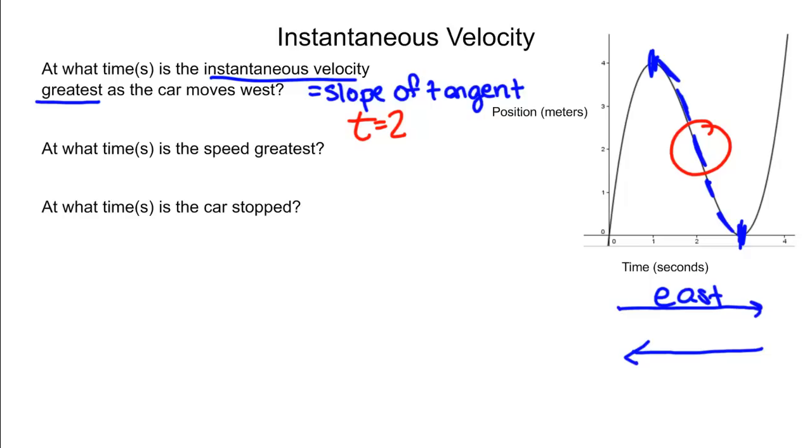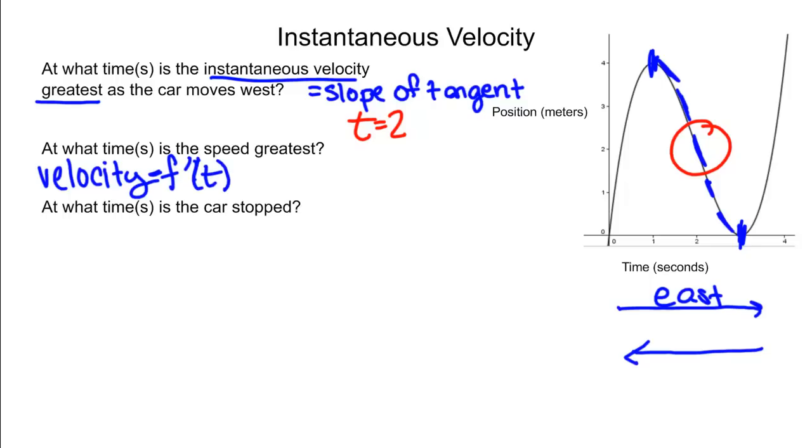At what time or times is the speed the greatest? So first we need to talk about the difference between velocity and speed. So velocity is the derivative at time t, okay?